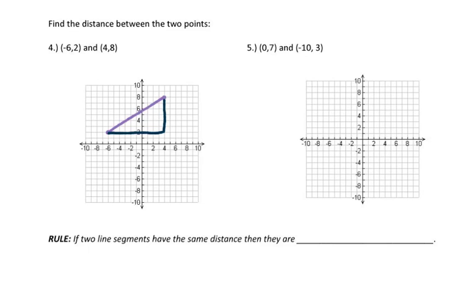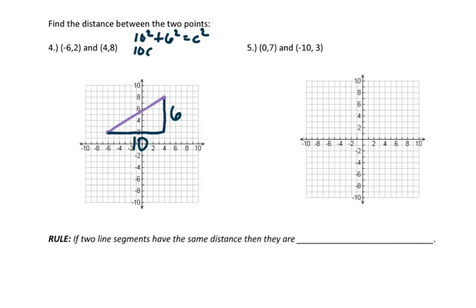Okay, so now we're going to count those leg lengths. This one here, let's see, it would be 6 to go to 0, and then 4 more, so 6 plus 4 is 10. And then going up and down, it's at 8 and 2, so that's a difference of 6. All right, 10 squared plus 6 squared equals C squared.